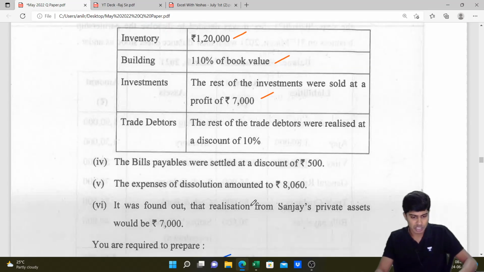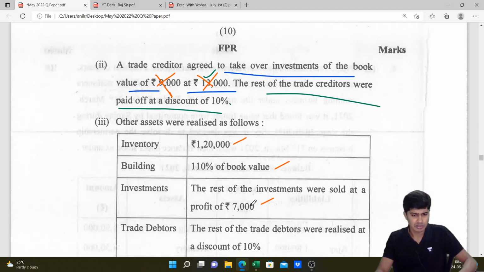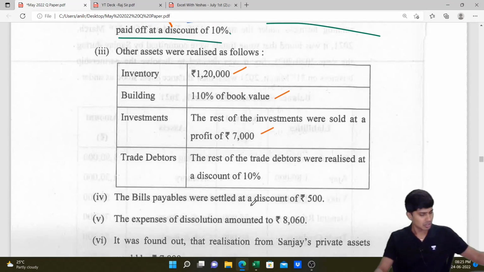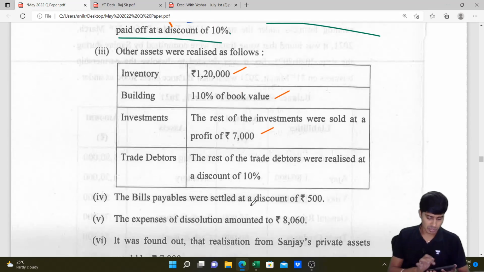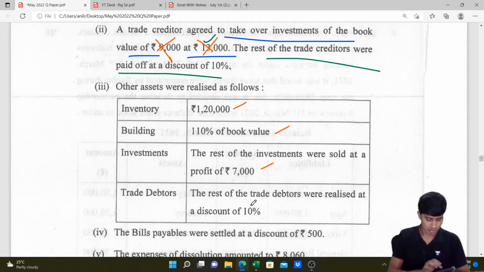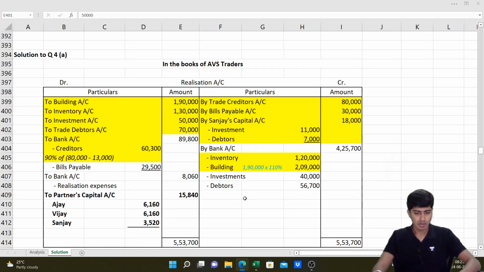Is there any more adjustment? No. So 50,000 minus 9,000 plus 7,000. That comes to 48,000. 48,000 should be the value of investments.